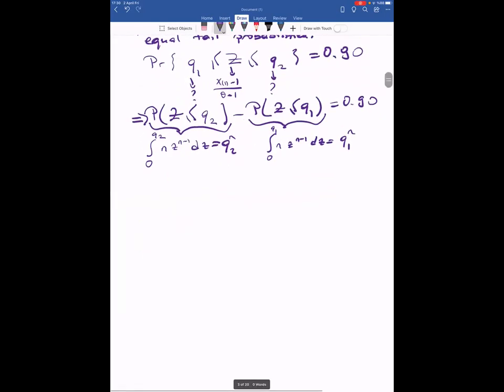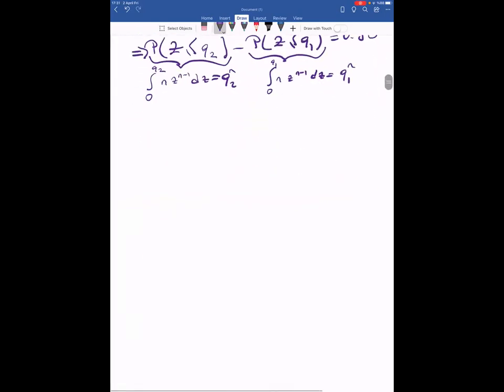Okay, so let's draw the pictures. Let's say this is our Z, and this is our distribution, and let's say the shape is this one. It's not the correct shape, but I want to just show you the positions of Q1 and Q2. So let's say this is the point Q1, and this is the point Q2 that we want to find.